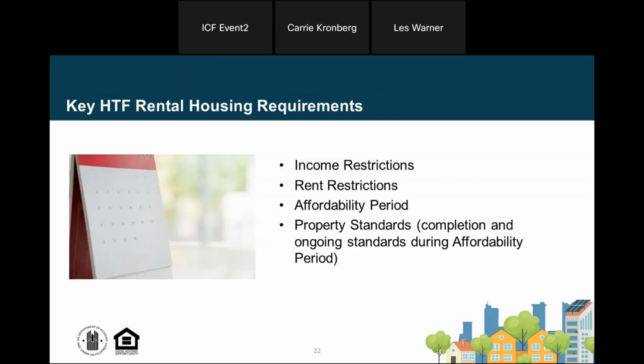So we mentioned our income restrictions. All of our Housing Trust Fund units must be occupied by income eligible households, and the specific income restrictions are going to be based, as we mentioned, on whether the total allocation for Housing Trust Fund exceeds $1 billion. Currently, all households, 100%, would have to qualify as extremely low income households, which is 30% or below.